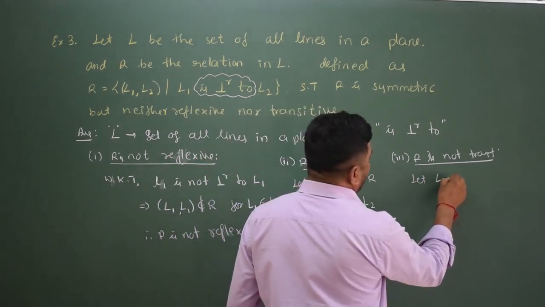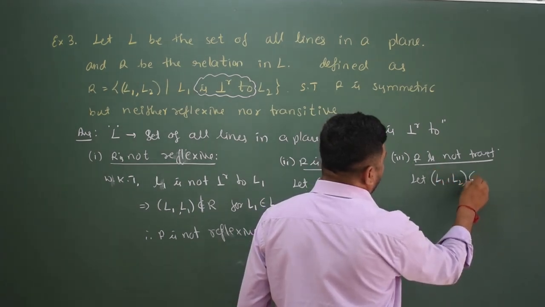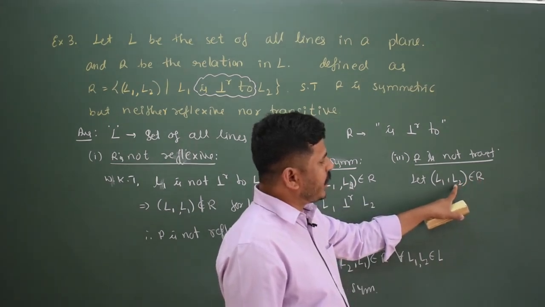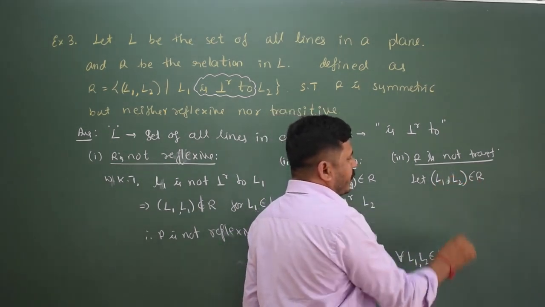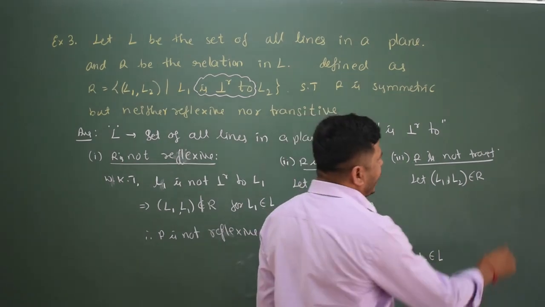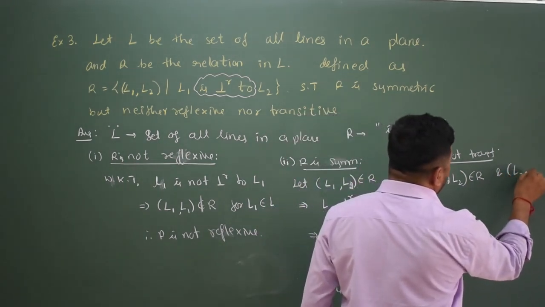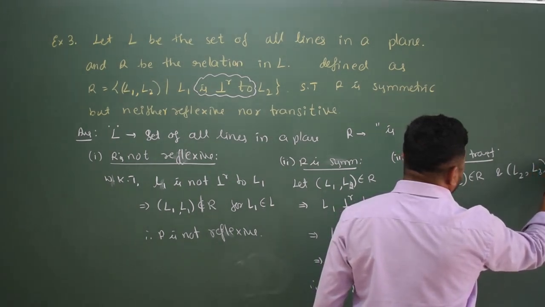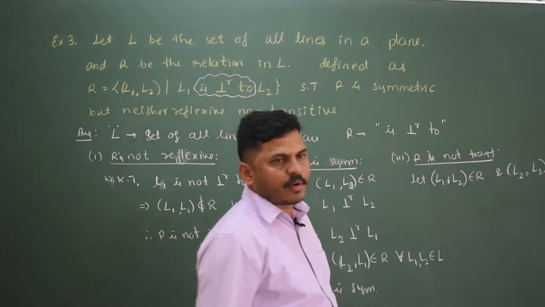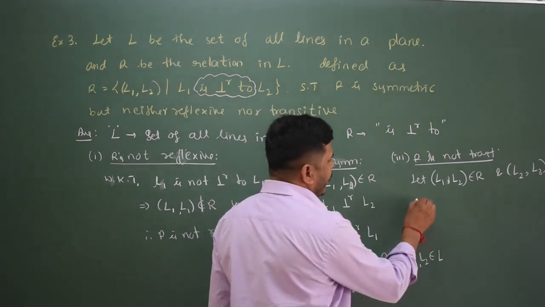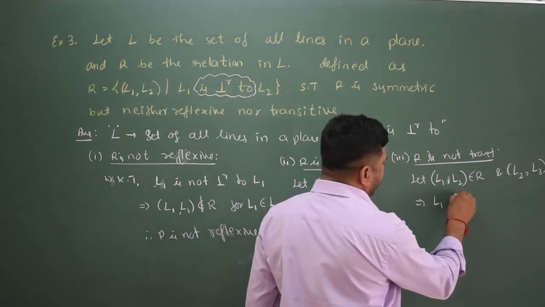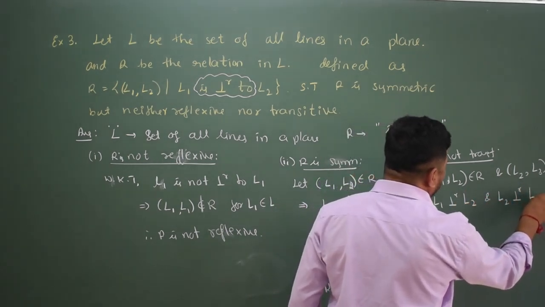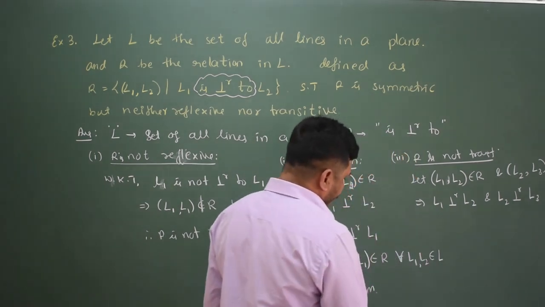Let L1, L2 belong to R. What do you mean by that? L1 is perpendicular to L2. And L2 is perpendicular to L3. L2, L3 belong to R. What do you mean by that?